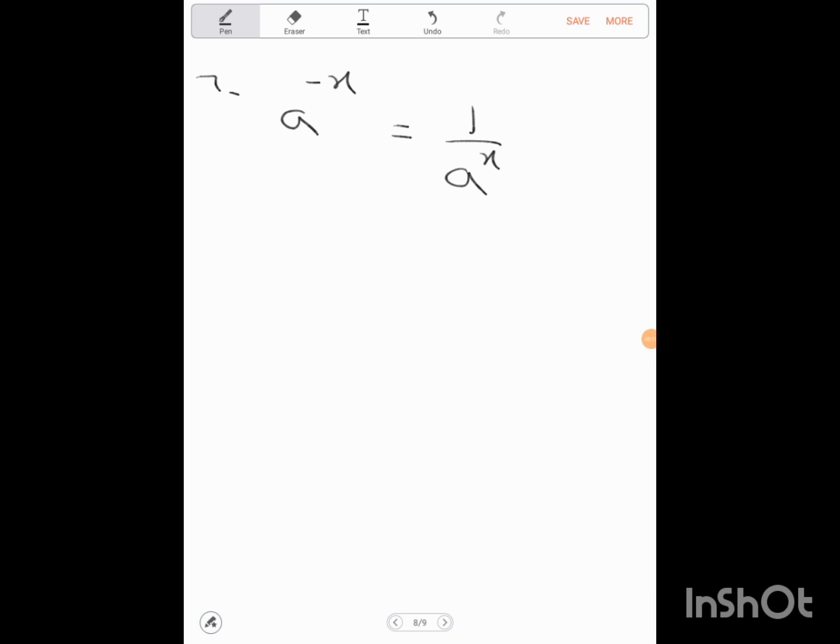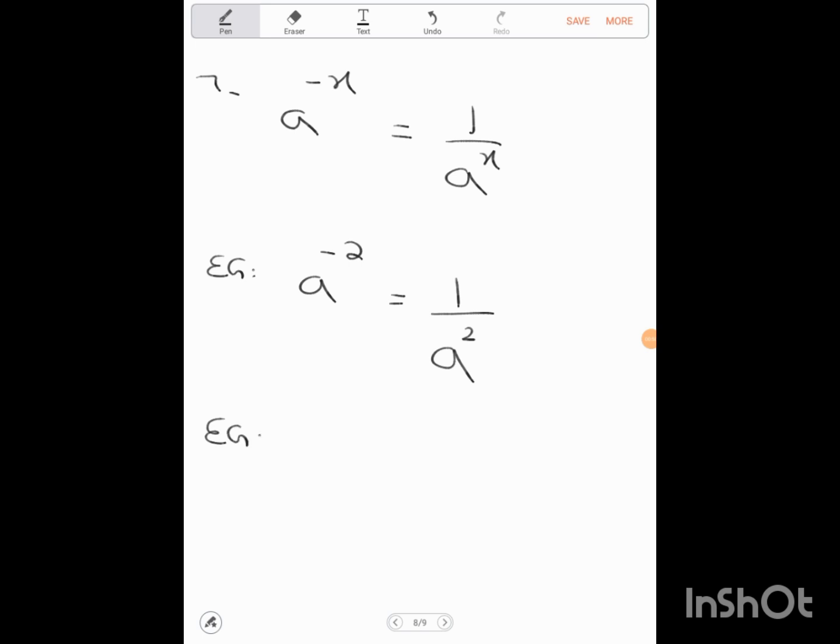Whenever you take this whole thing in the denominator, the power is going to turn positive automatically. For instance, let me explain with an example. If you have a to the power of negative 2, and you take it in the denominator, it's going to be positive square. Okay, 1 upon a to the power of positive square.